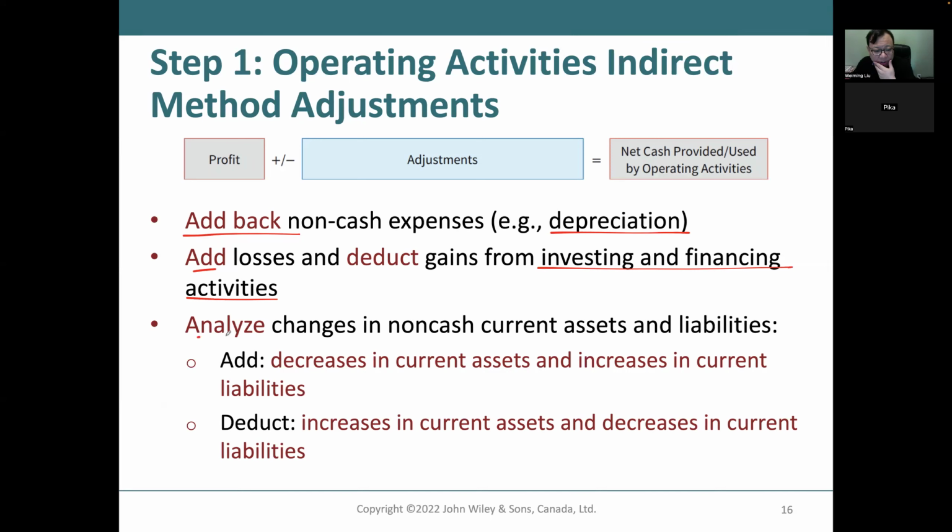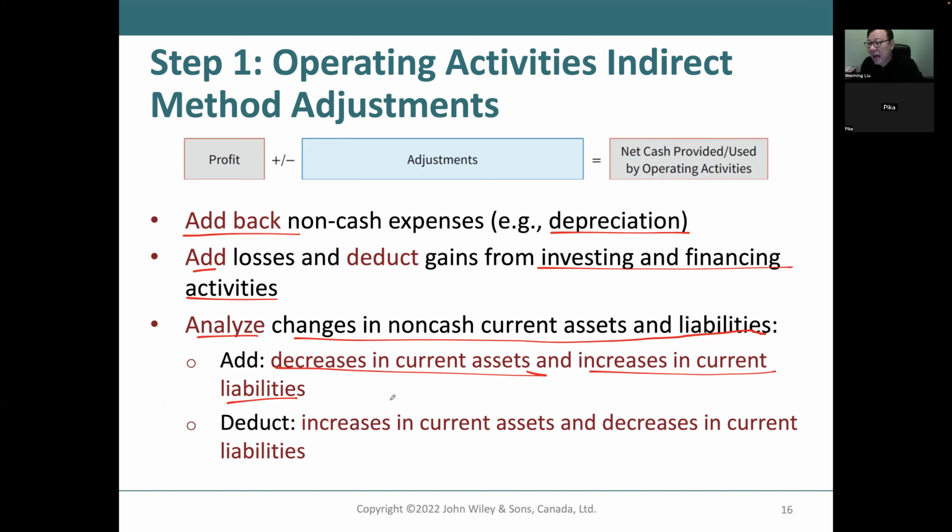And then you consider the changes in non-cash current assets and liabilities. You need to add the decrease in the current asset and the increase in current liability. When your current asset decreased, that means it's releasing the cash, because current asset is converted to cash.